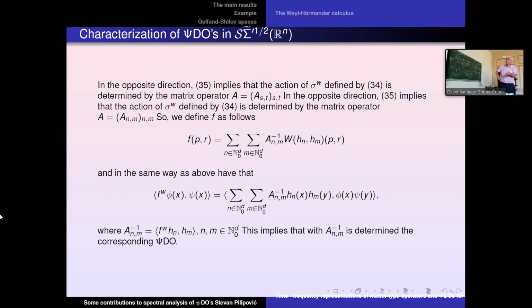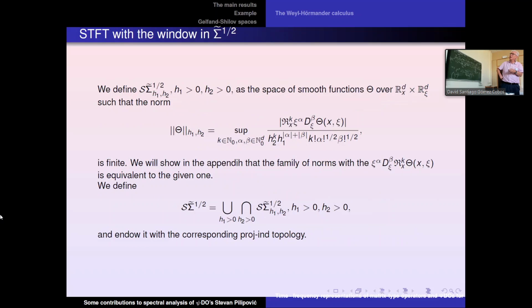And so it works as previously on test functions phi and psi, but I should tell where is phi and where is psi. Probably this is given. Phi and psi belong to that space, and this space is somehow strange.